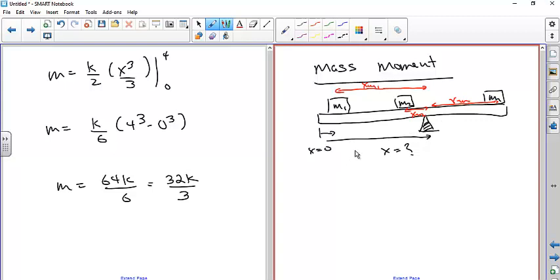So if we sum up the moments due to these, you multiply by the acceleration due to gravity to do torques, but they're all multiplied by g, so the g's cancel out. So we'll do the torques, and the sum equals 0.